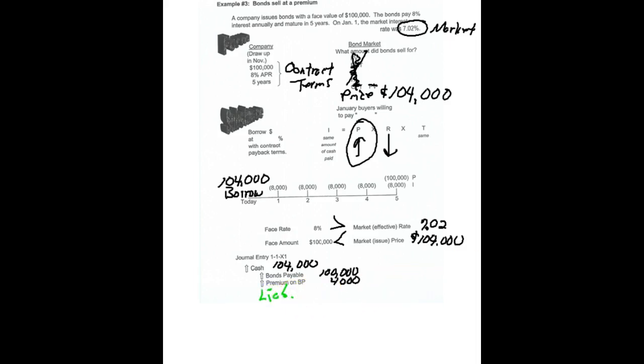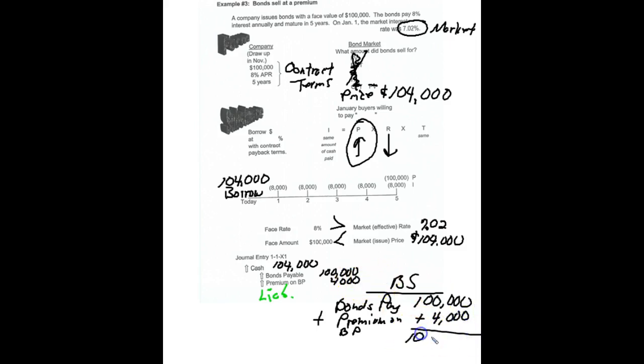So this time, when we go to the balance sheet after this journal entry, we would have bonds payable, its balance of $100,000, and we will add in the additional liability of the premium on bonds payable, that balance of $4,000, which we credited it for.